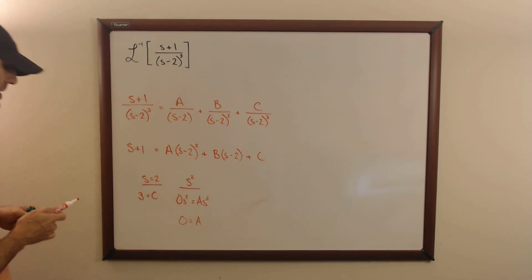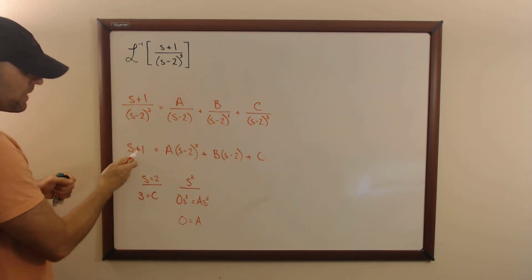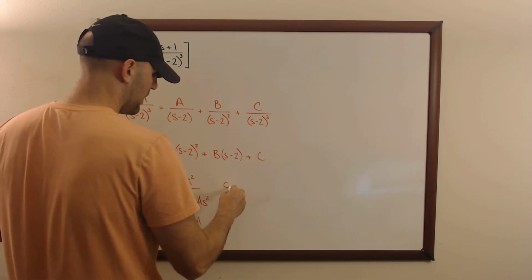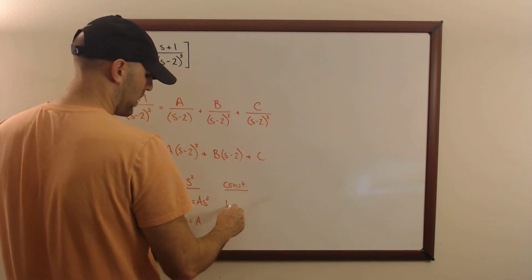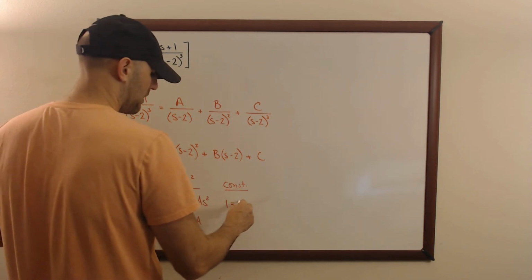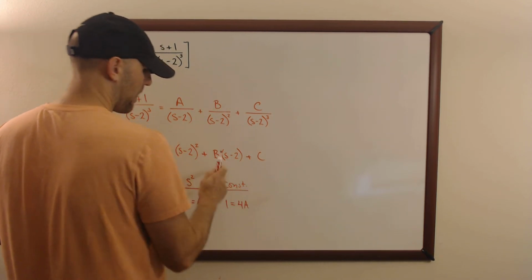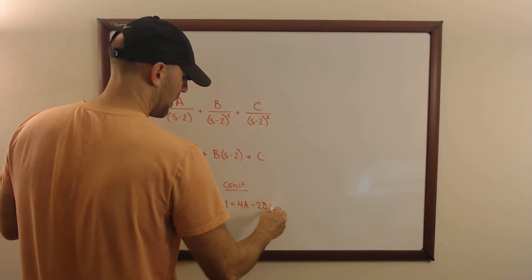Now that I know that a is 0 and c is 3, I can look at maybe the constant term from these equations to give me a little bit more information. Constant term on the left is 1. On the right, it's going to be 4 times a, b times negative 2, so minus 2b, plus c.